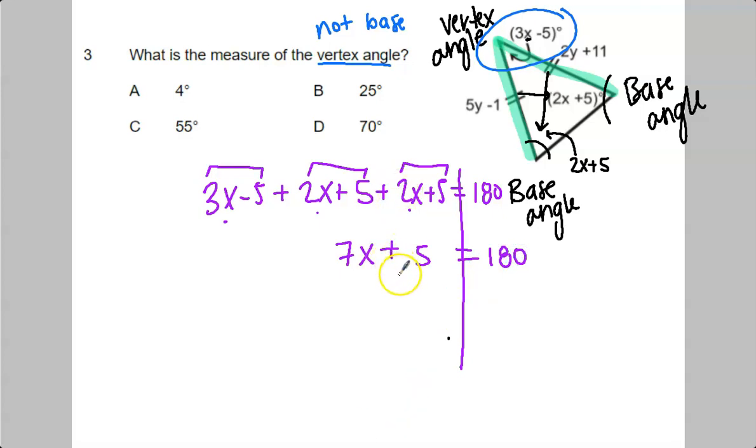All right, let's go ahead and subtract 5. Subtract 5. So 7x is equal to 175. And again, we are going to be solving for x. So that means we need to divide by 7.